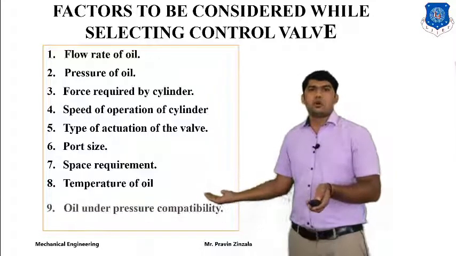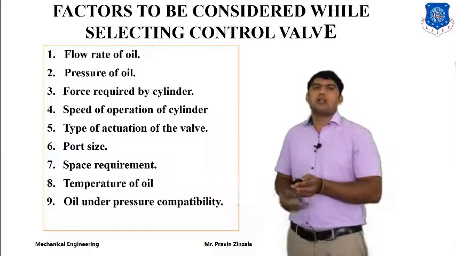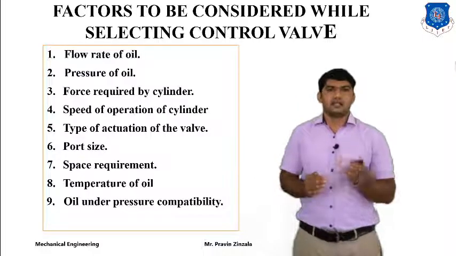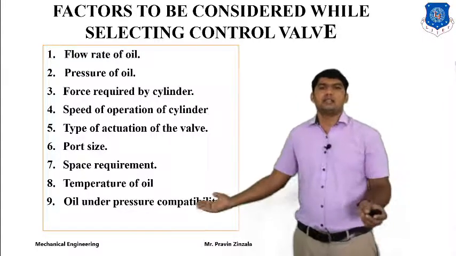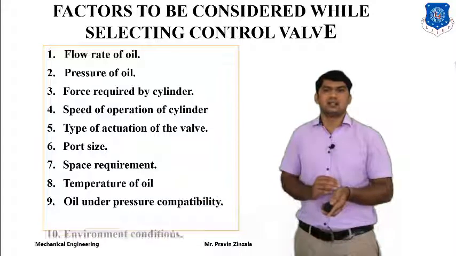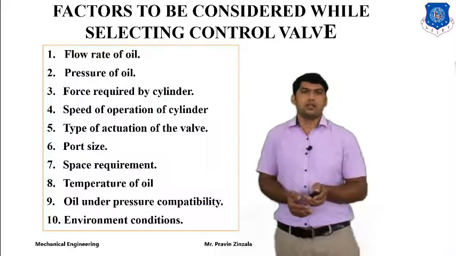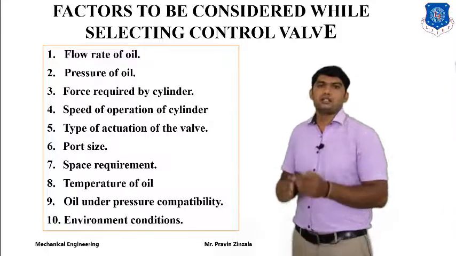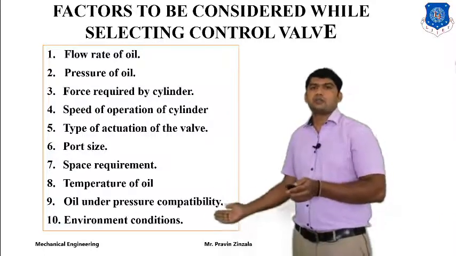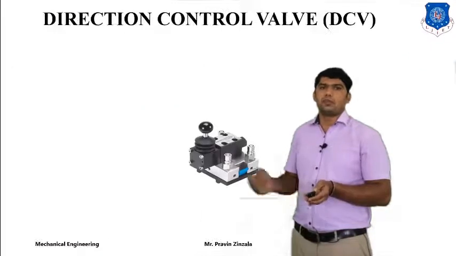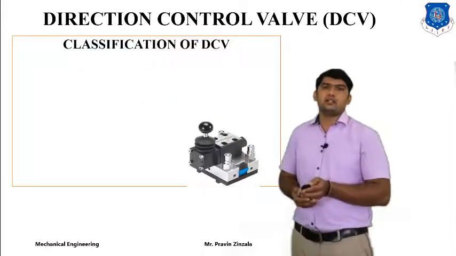Temperature of oil under the pressure should be compatible, because different valves have different capacities, so we have to select the valve according to the pressure range. And next one is environmental condition. According to the environment we have to select the different types of valve, and the valve should be eco-friendly to the atmosphere.